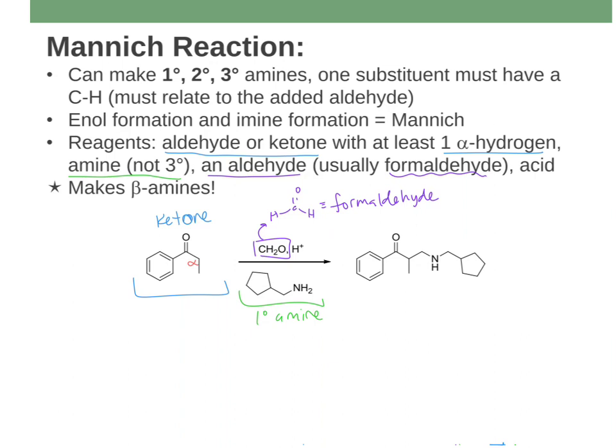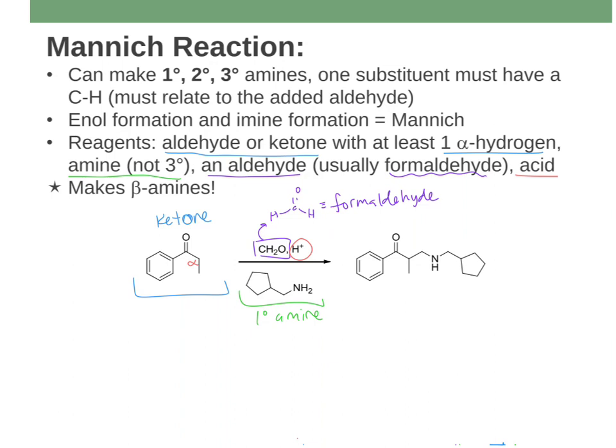That's formaldehyde. And then lastly, you're going to have some sort of acid catalyst. In this case, I just wrote generically H+, but it could be sulfuric or hydrochloric or some Lewis acid if you're getting real fancy. You just need some sort of acid to help form the enol and help form the imine.